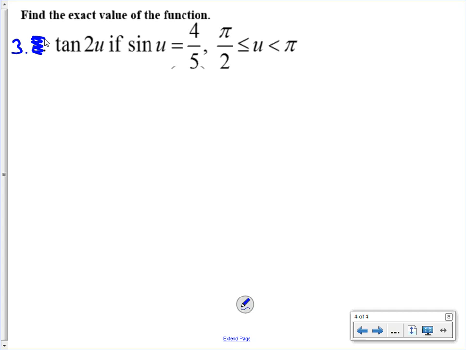Okay, so we're actually going to start by drawing a coordinate plane. And again, if you think of your unit circle, pi over 2 is here, pi is here. Let me make that circle.